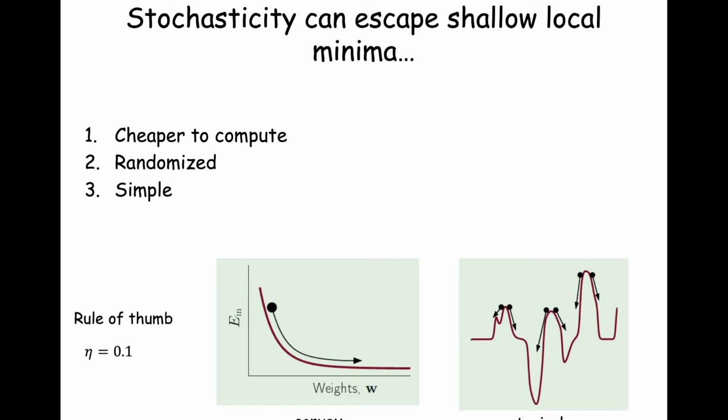Now, what this stochasticity gives you is the ability to escape shallow local minima, because now you're kind of jiggling the weight vector through this randomization, allowing you to escape local minima, that problem we talked about with that depiction of the complete error surface. And that is what is more typical of error surfaces. And so stochasticity, in addition to being cheaper to compute, this randomization gives you the ability to escape local minima, trying to find the global minimum.